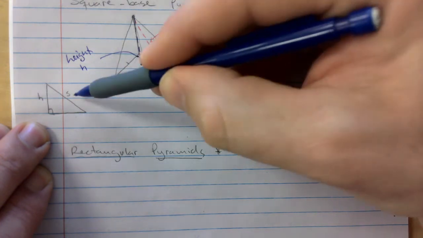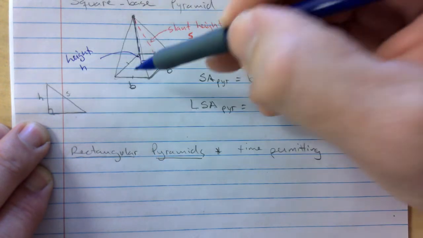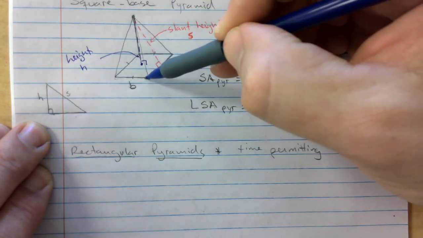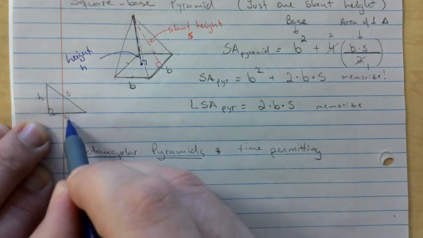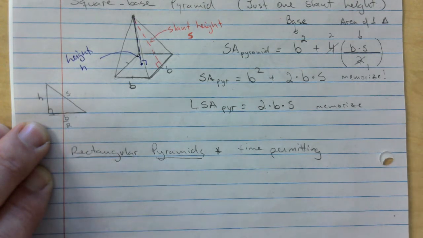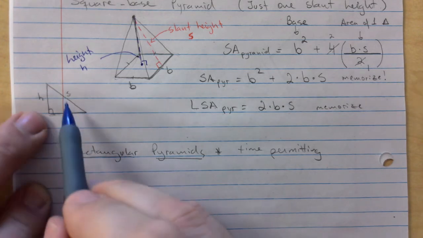So this is your slant. The one that goes straight down the pyramid is your height, and whatever B is, this would be B divided by 2.